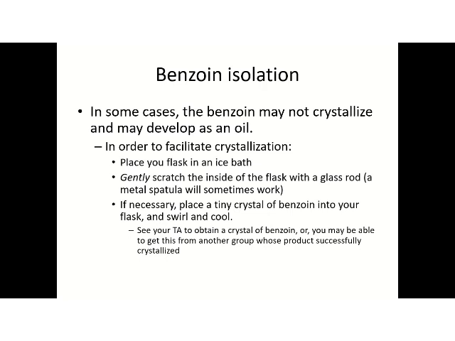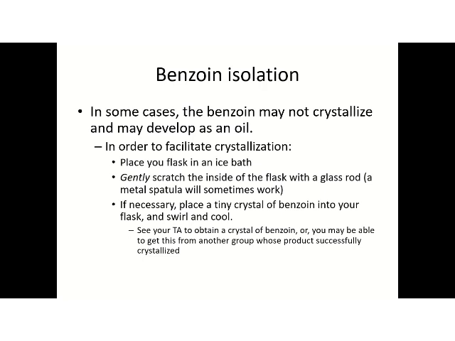In some cases, the benzoin may not crystallize and may develop as an oil, right? Then, in order to facilitate crystallization, place your flask in an ice bath. Gently scratch the inside of the flask with a glass rod; a metal spatula will sometimes work.